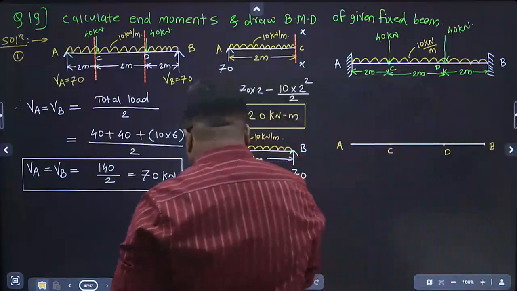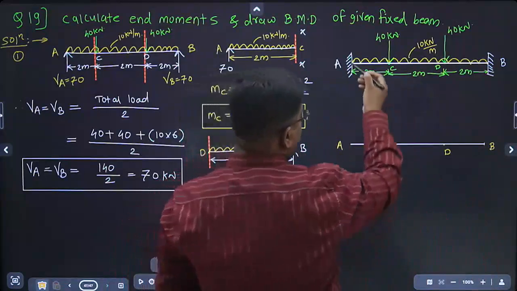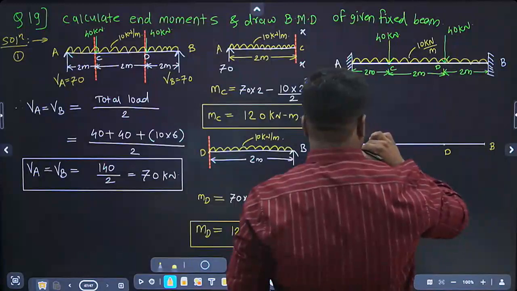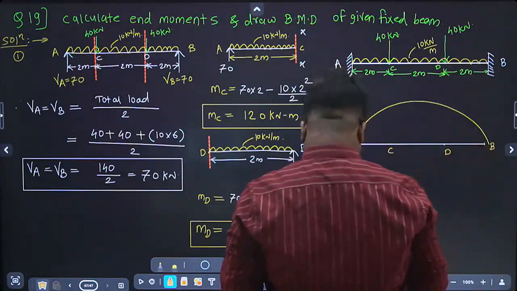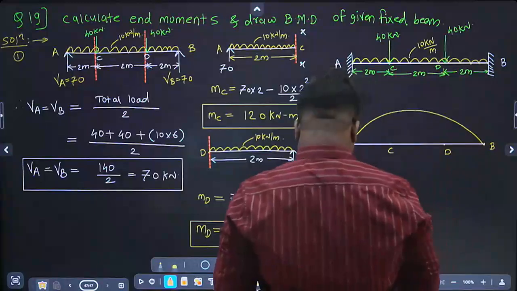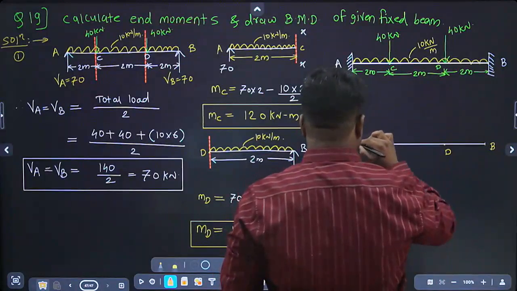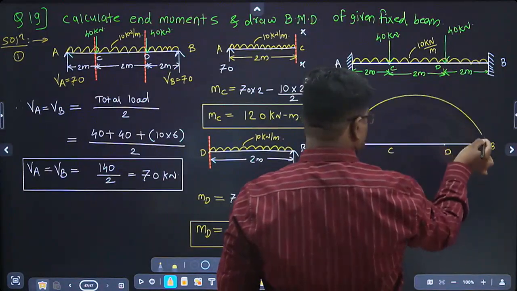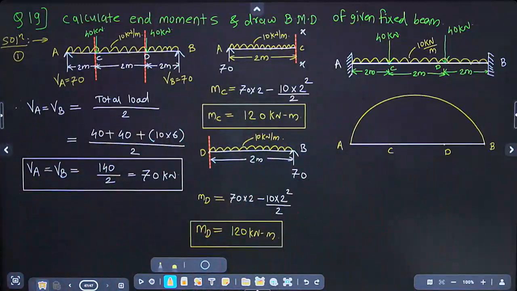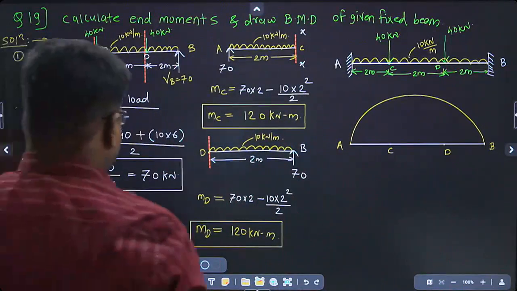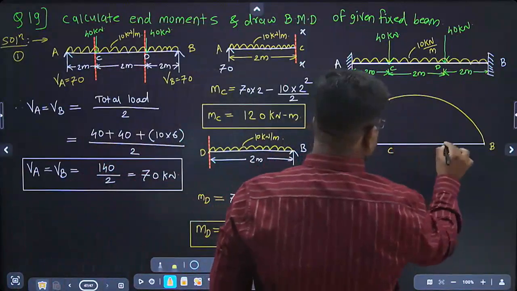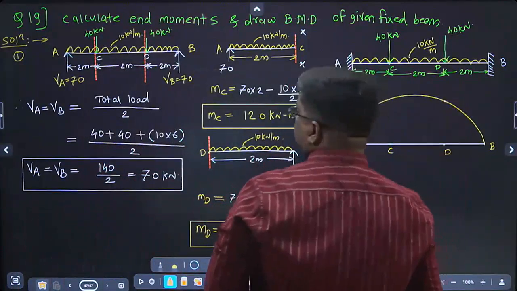Now what is the free BMD? It is parabolic because UDL is acting over the entire span. So free BMD will be parabolic like this, and the values at C and D will be the same.